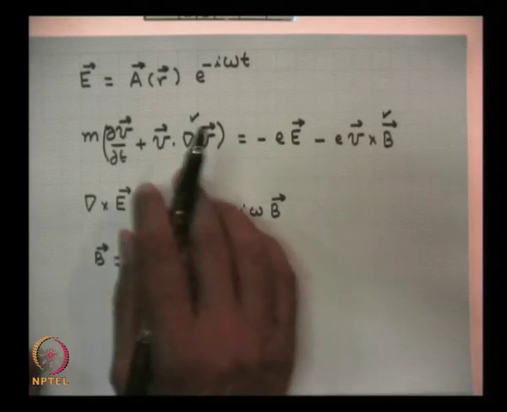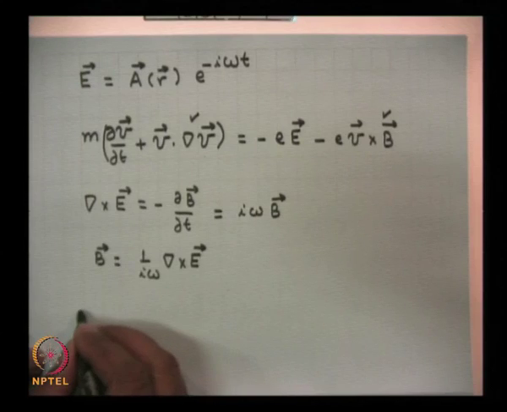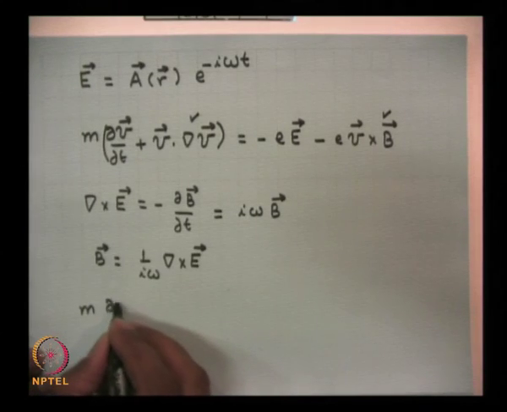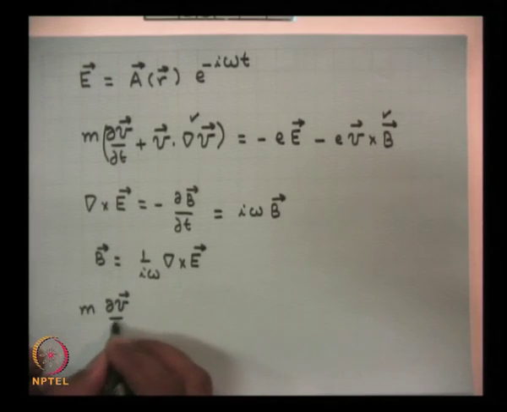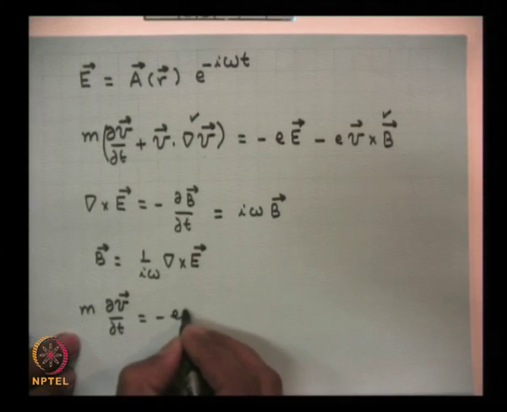Rather than ignoring them, let me rewrite this equation like this: m ∂v/∂t is equal to minus eE.